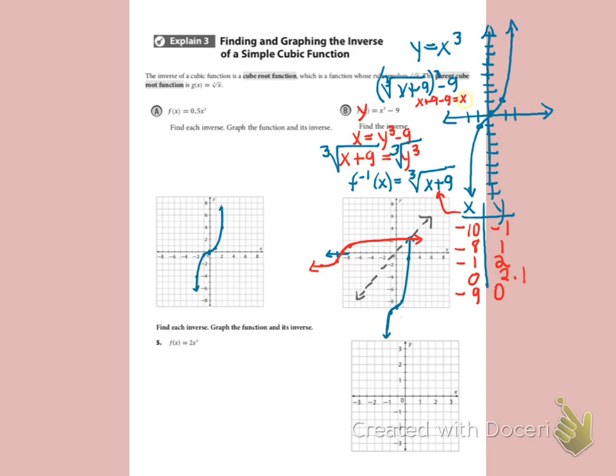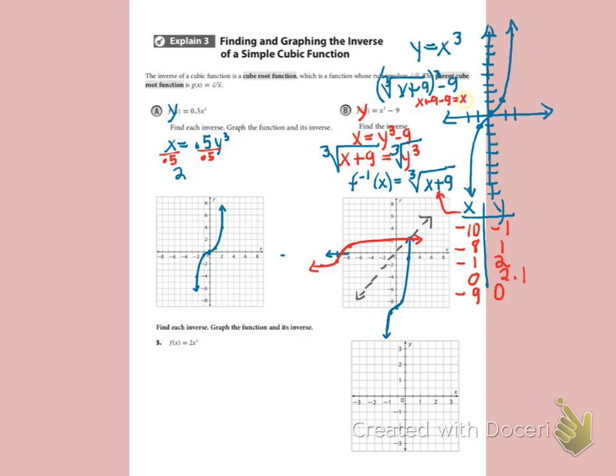It's compressed some. And then to do the inverse, I got to write the inverse first. So I'm going to switch x and y, solve back for y. So I've got x equals 0.5y cubed. So I'm going to divide both sides by 0.5, which, dividing by a half, is really like multiplying by 2. So I'm going to basically have 1 divided by 2 for my coefficient, or 1 divided by a half, which is 2.